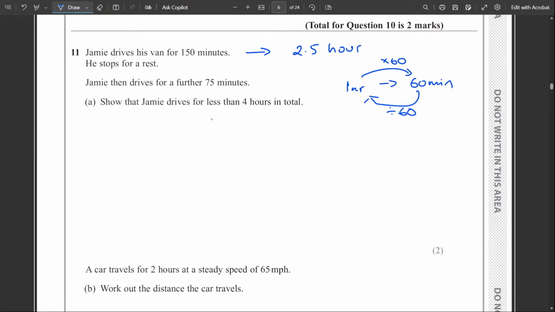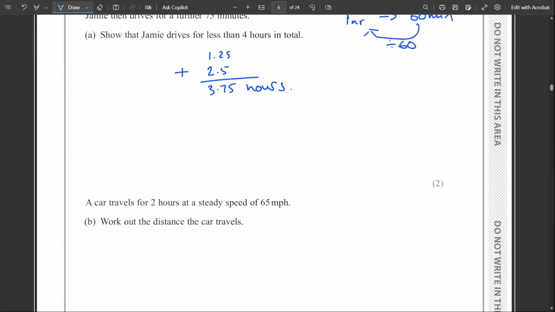You get 1.25. So altogether, we have 3 hours and 45 minutes, which is 3.75 hours. Add them together: 2 hours and 30 minutes plus 1.25 hours gives you 3.75 hours, which is less than 4 hours.